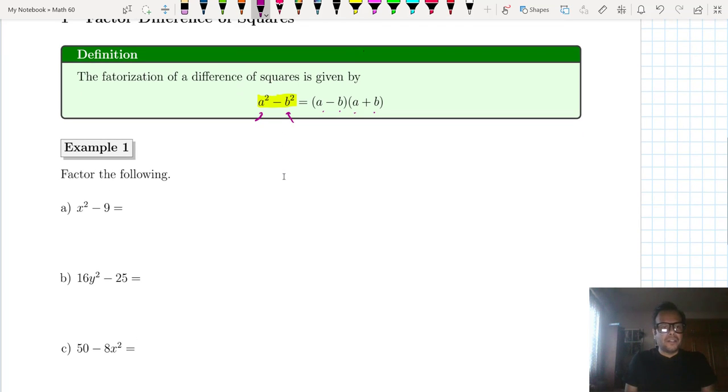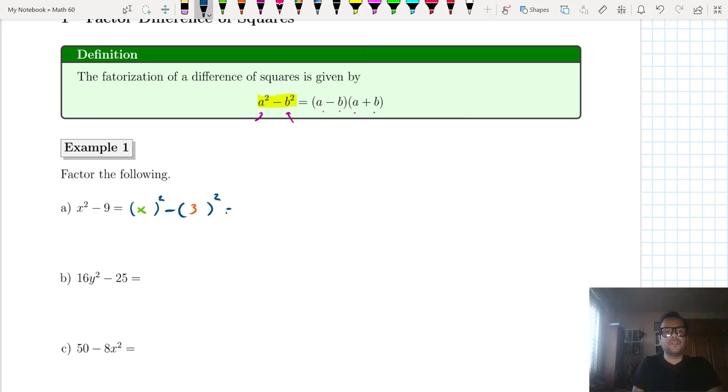After a while, most of these are going to be a piece of cake to factor, but in the meantime, if you are just learning this, it would be a good idea to write the terms as something squared minus another something squared. That is, what quantity squared gives us x squared? Well, in this case, x. And what quantity squared would give us 9? Well, in this case, 3.